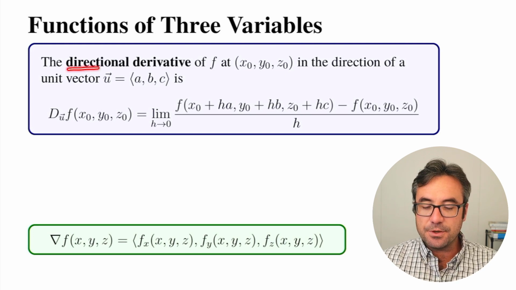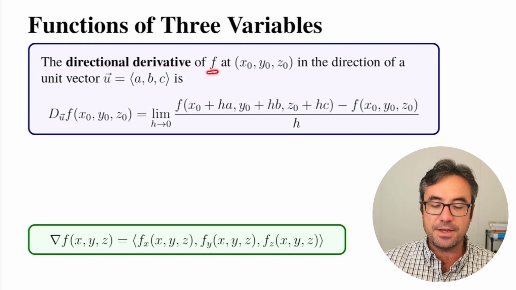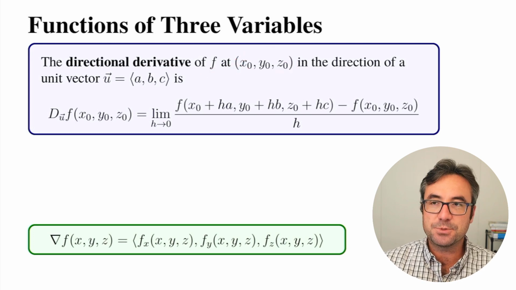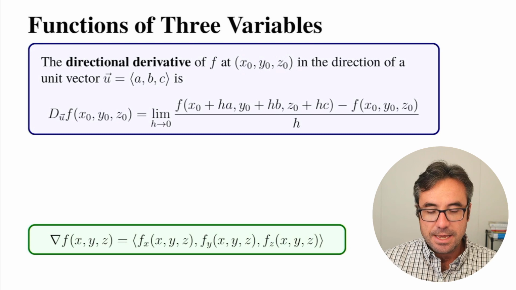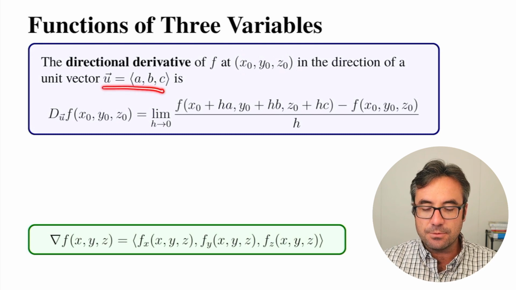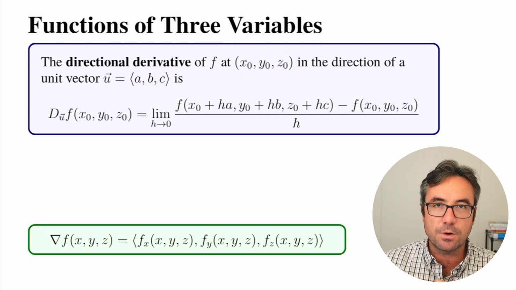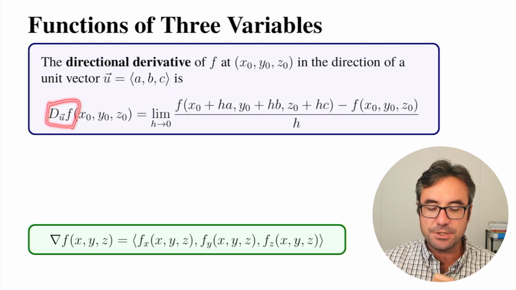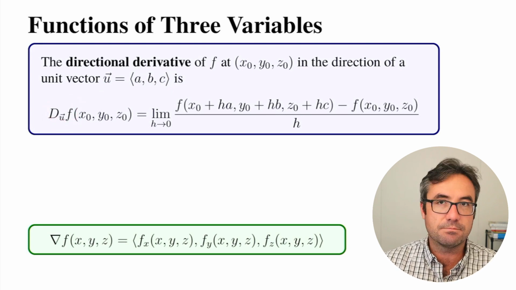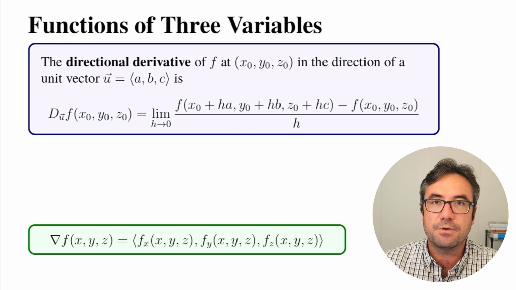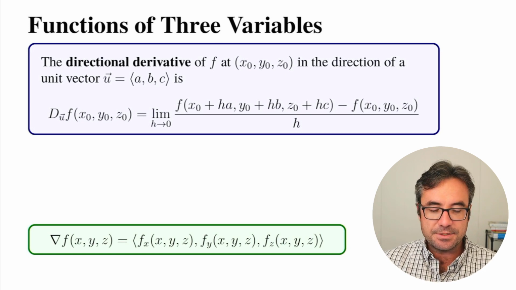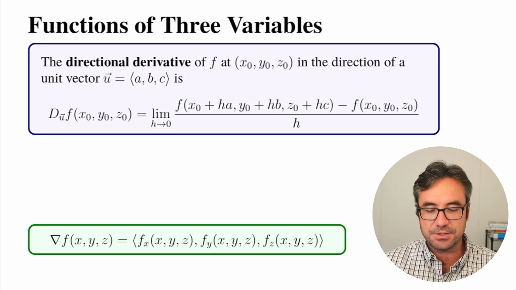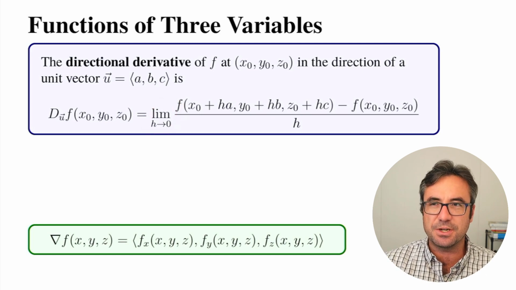So we define the directional derivative of a scalar function at a three-dimensional point, x0, y0, z0, in the direction of a unit vector, again, with three coordinates there. And for the directional derivative, we use similar notation: it's the derivative in the direction of vector u. It's defined very similar to the two-dimensional case, so the same limit as h goes to 0.